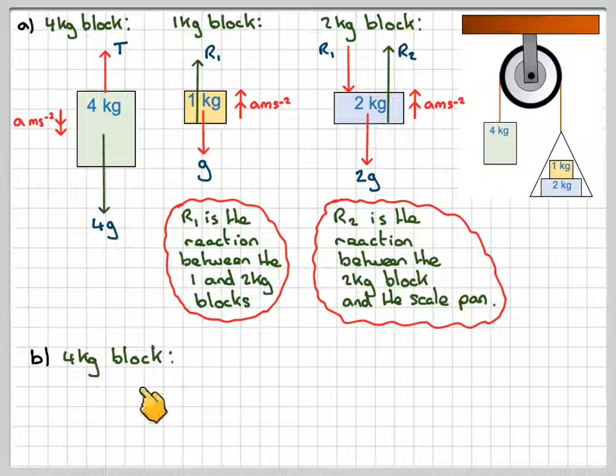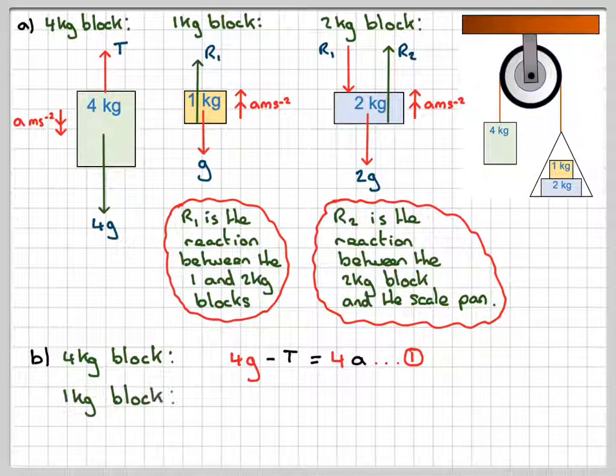So for the 4 kilogram block, because the acceleration is acting downwards on this one, we're going to do 4g minus T is equal to ma, which is 4 times a. Call that equation 1. For the 1 kilogram block, this one here, now this is going upwards, so we're going to have R1 minus g is equal to mass, which is 1, times acceleration, which we'll just write as a.